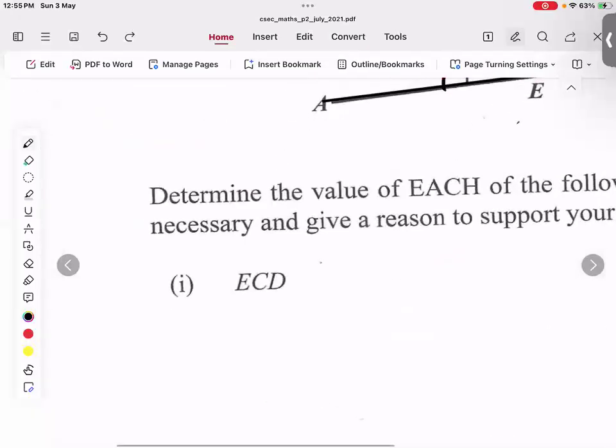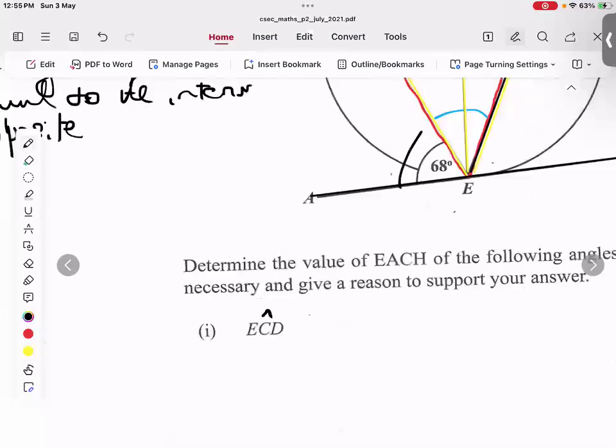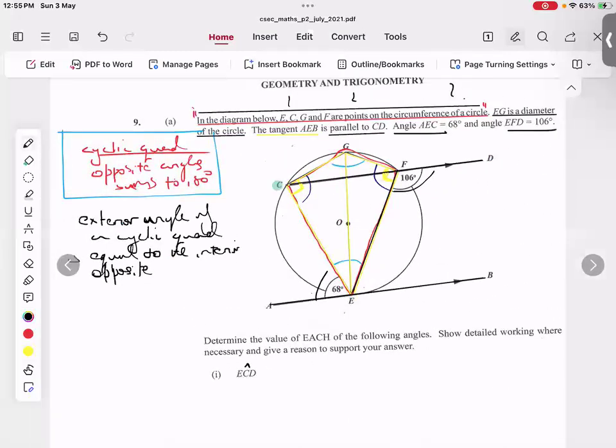When an angle is named with 3 letters, the angle is located at the letter that is in the middle. And that angle must be made by the lines E and D. So ECD, where is C? So E right here, C, D. So we're looking for this angle right here. That's the angle we're looking for.